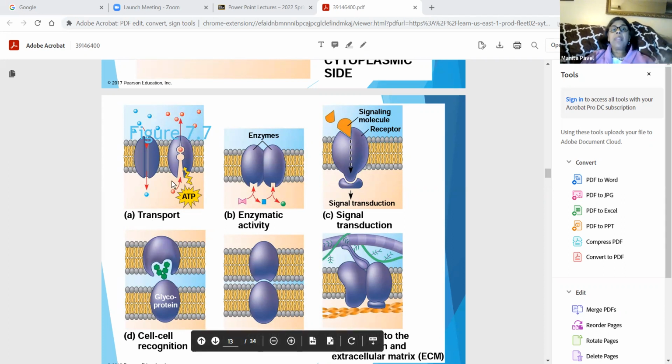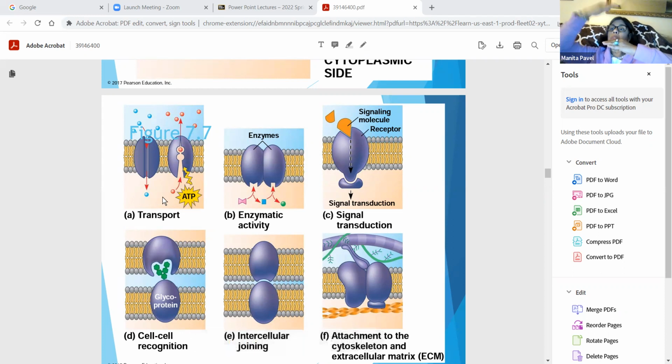And so normally all substances are going to move from an area of high concentration to an area of low concentration, that's passive transport. And therefore, if they move from high to low, no energy is required.